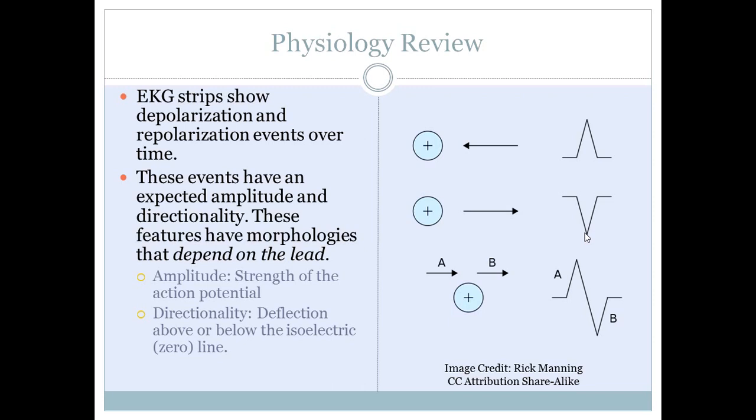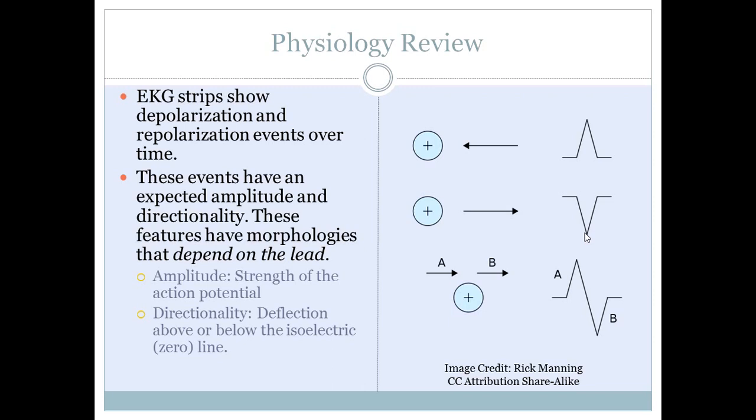The image that you see on the screen is describing how waveforms relate to the direction of electrical charge moving towards a positive electrode. In ECG measurements and electrode placement, the depolarization events and repolarization event all progress towards the positive electrode.